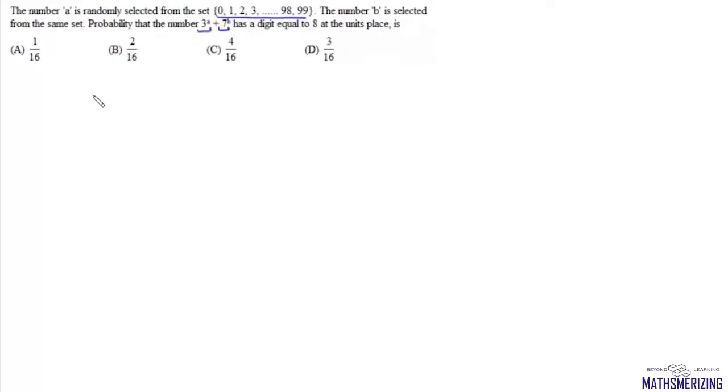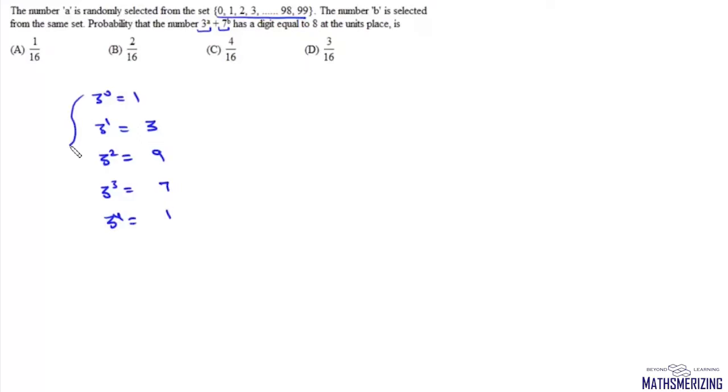Now if we look at powers of 3, 3 to the power 0 is 1, 3 to the power 1 has 3 in the units place, 3 square has 9, 3 cube has 7 in the units place, and 3 to the power 4 is 1.